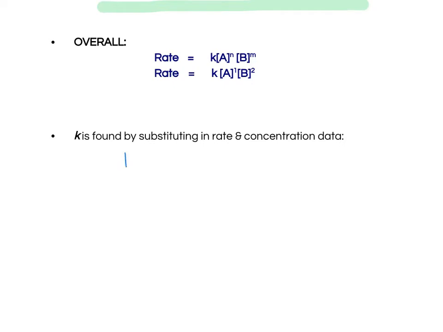Okay, so my rate is equal to K times the concentration of A times the concentration of B squared. And I'm just leaving out the one, well, let me just put it in. So remember that the rate was 0.20 moles per liter per second.